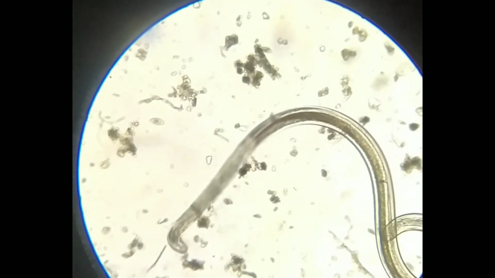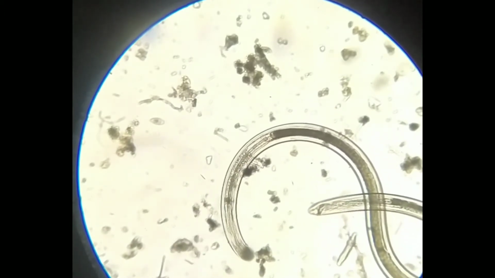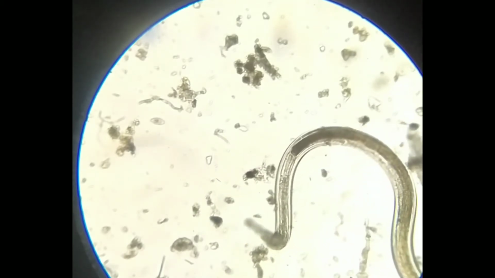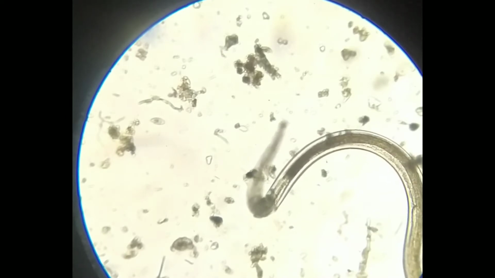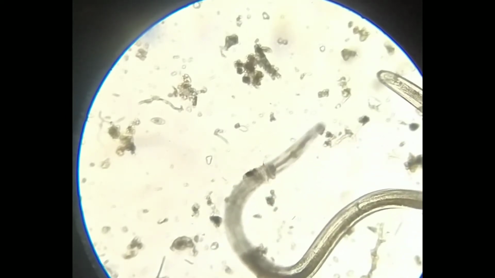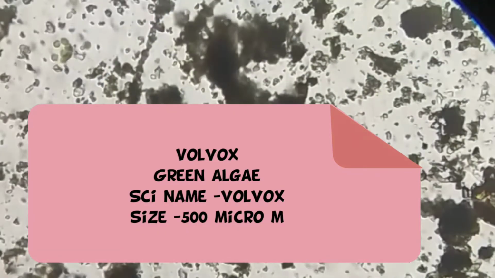So they are pretty much like earthworms, and some people misunderstand them as earthworms. They usually reside in fresh water and sometimes in salty water also. So they are pretty much ugly.